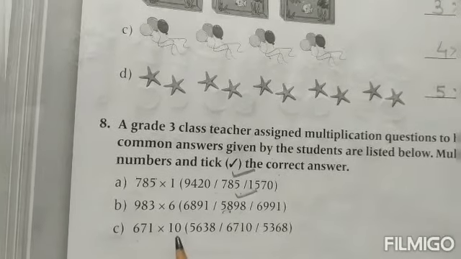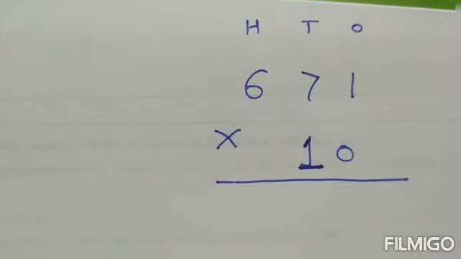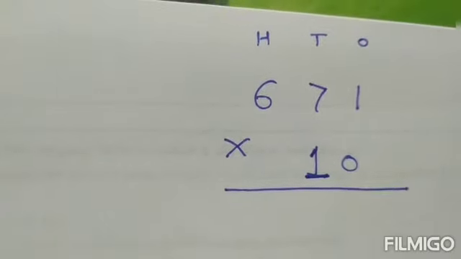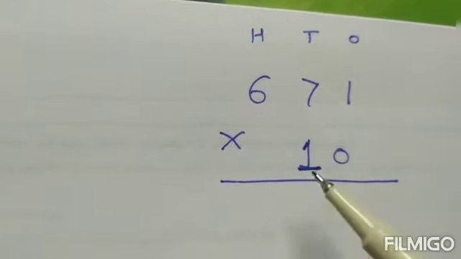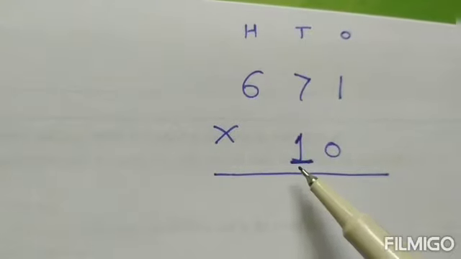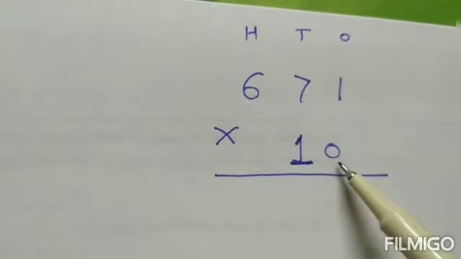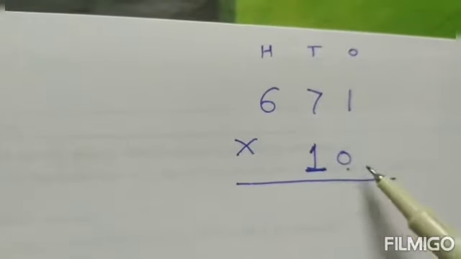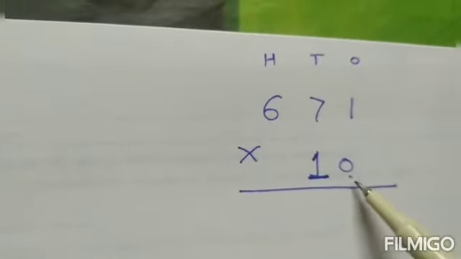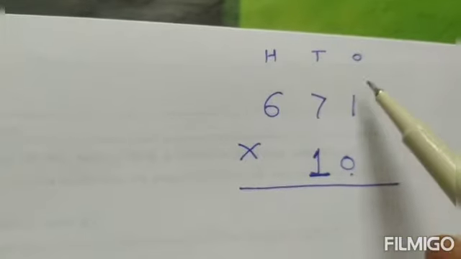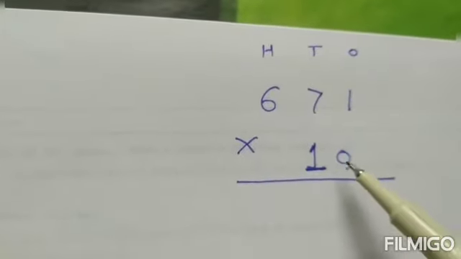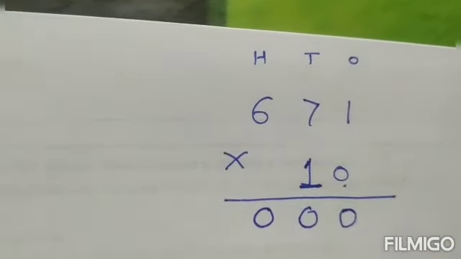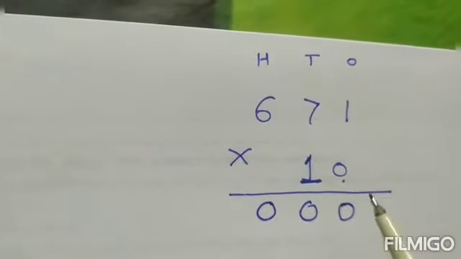671 multiplied by 10. In this way, write down the sum. Now in this sum, we have to multiply with a 2-digit number. In this case, start doing multiplication from the ones column. Means 0 multiplied by 1 is 0.